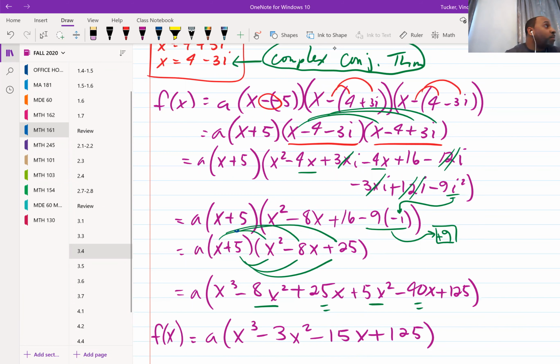And so this is our most simplified expression up to this point, but we still need to figure out if a will represent a number for us that will matter to our function. All right.